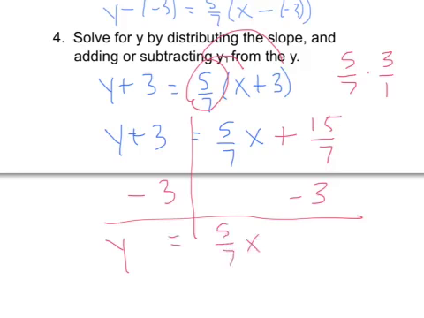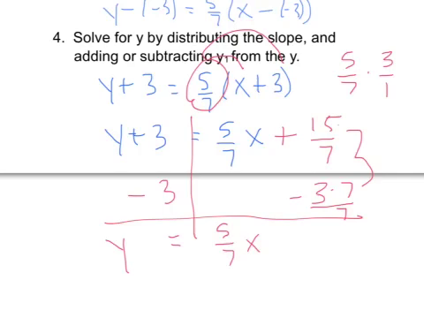5/7 x. And in order to add or subtract fractions, we need a common denominator. So if I put a 7 in the denominator, I also have to put a 7 in the numerator. So this is going to simplify to be, let me do that a little cleaner here.